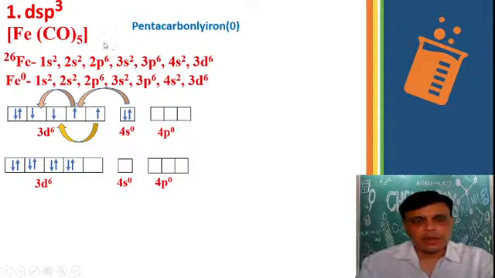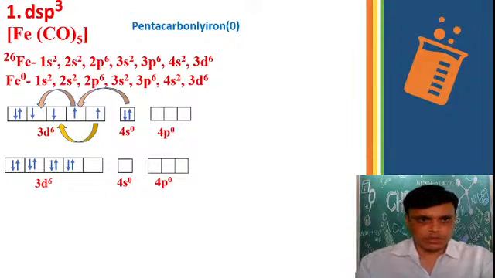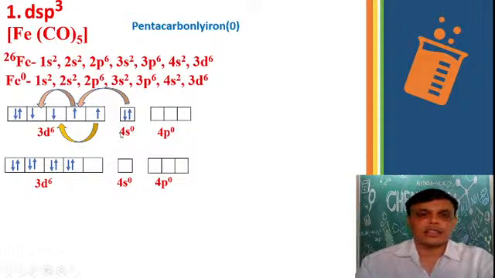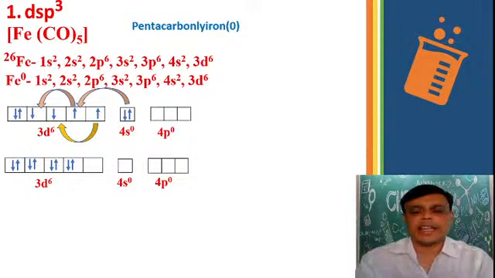This is possible because carbon monoxide is a strong ligand. Otherwise, if Cl was there, these electrons would not get paired. 4s is higher in energy and 3d is lower in energy, so the electron can come from higher energy to lower energy. There will be no need to provide energy.